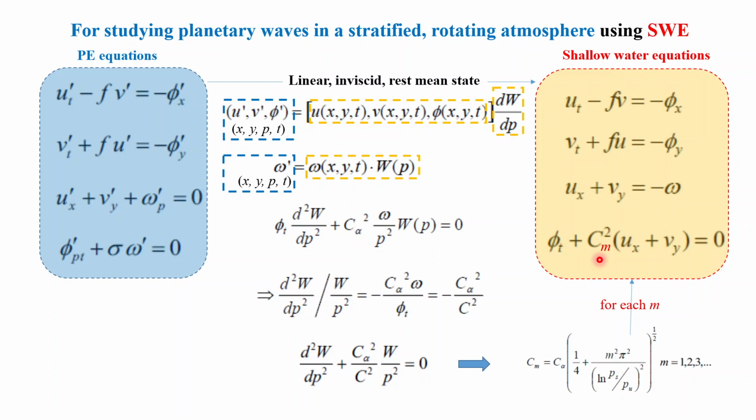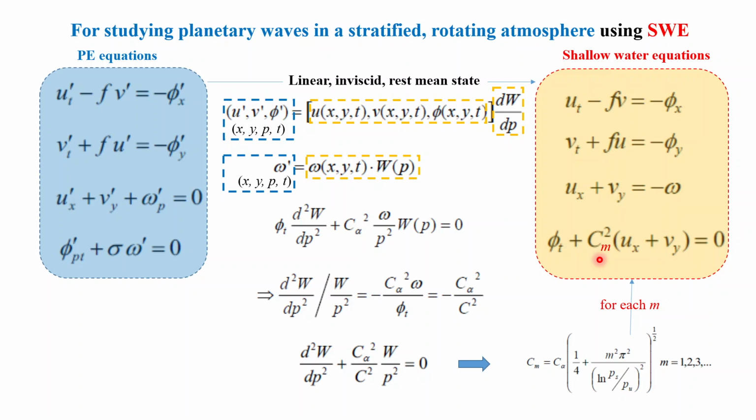So for each vertical mode, the set of shallow water equations applies. This is the basic reason we can use the shallow water equation to describe the planetary scale waves.